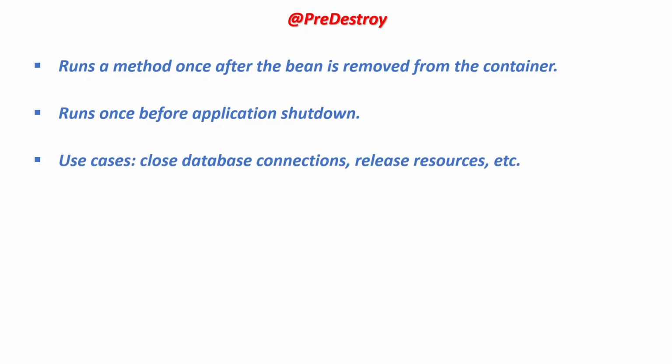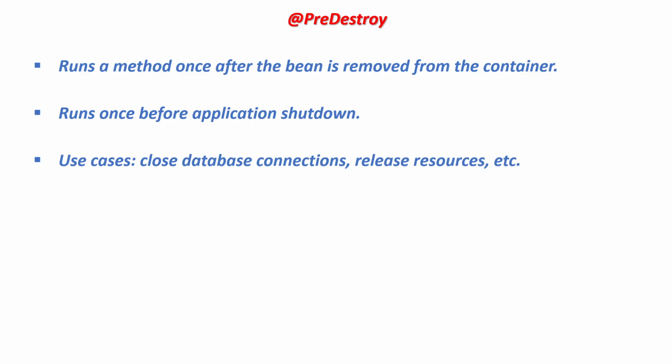So basically, use cases: while shutting down the application, you want to free up the resources. Let's say whatever database connections we have, we want to close those, or whatever resources we are connecting and using. Suppose you want to release those resources, that kind of code we can put in a method and annotate with PreDestroy.